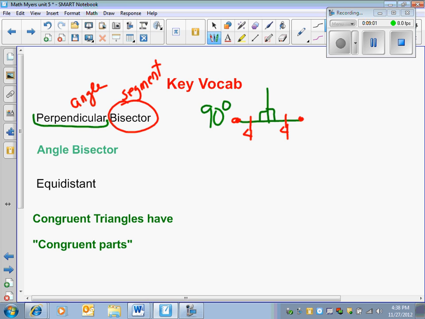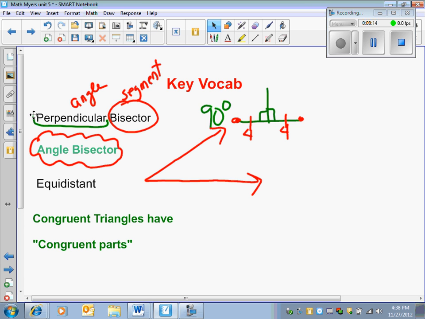Okay? The next big word is going to be angle bisector. Let's think about that angle. So let me give you a picture of an angle. And now I need a bisector. I know bisector means congruent parts. So what I want to do with this is create an angle bisector.